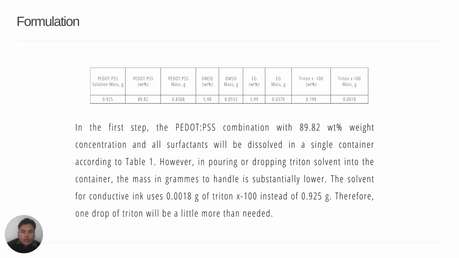We choose DMSO because it is the main solvent used to improve the layer conductivity. Next, we use monoethylene glycol because it contributes to the viscosity and surface tension of the ink. And lastly, we use Triton X-100 to enhance the spreadability of PEDOT and as a stabilizing agent.